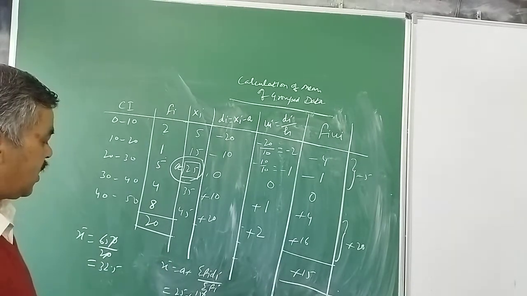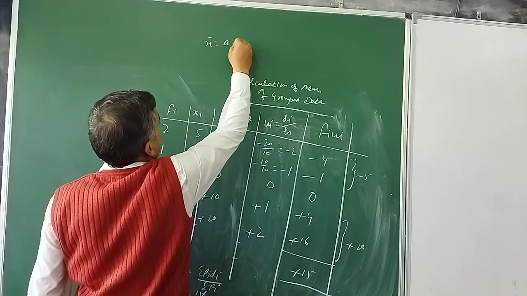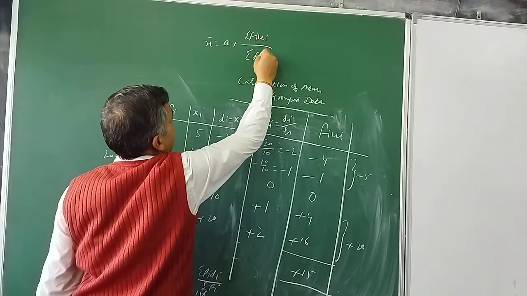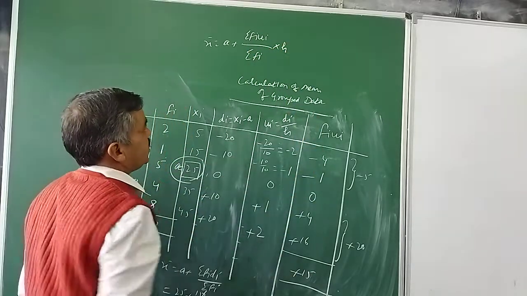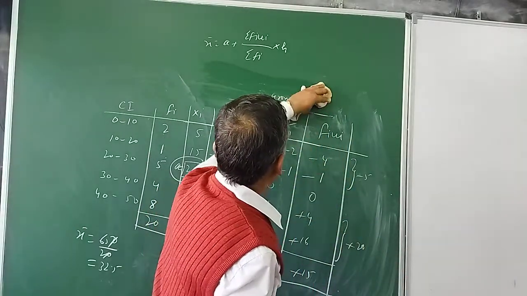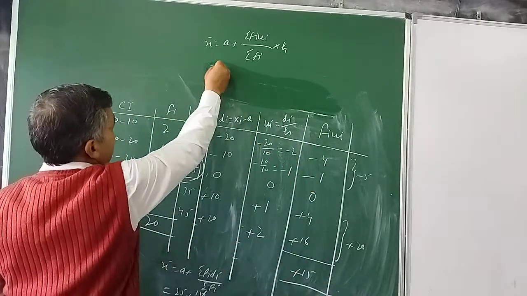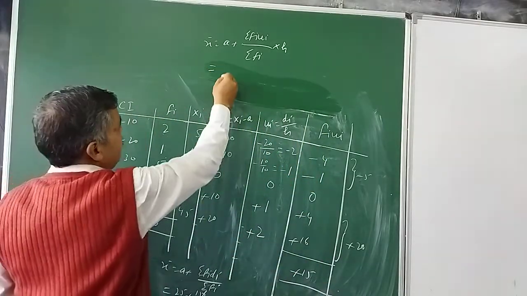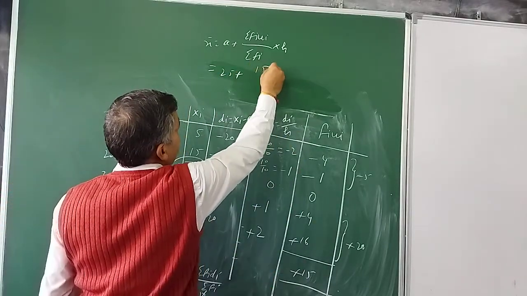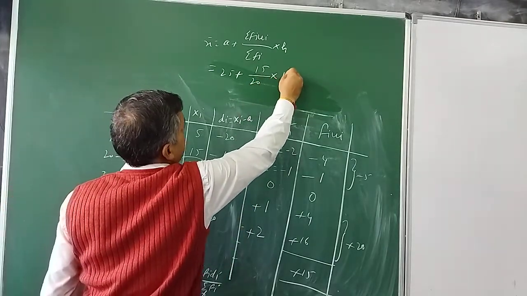Sum of fi ui is plus 15, and the sum of the frequencies you already have is equal to 20. And the formula I used there was what? X bar is equal to a plus sum of fi ui divided by sum of fi, into h. This was the formula I was supposed to use in step deviation. Let us see what happens to the calculations. If I substitute the values, a was 25, plus sum of fi ui is 15, sum of the frequencies was 20, and into h was 10.